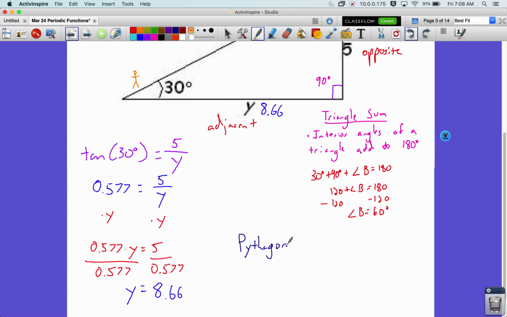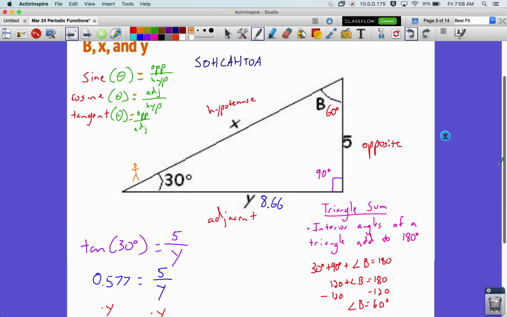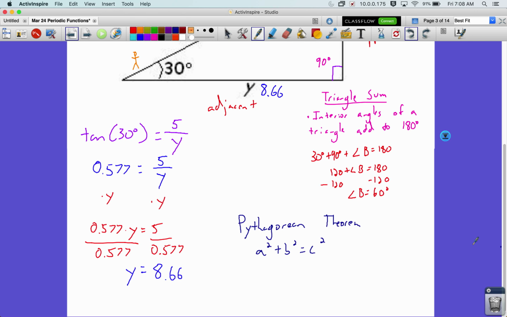Really famous one, a squared plus b squared equals c squared. This only works on right triangles. So looking at our right triangle here, the two legs have to be a and b. Doesn't matter how you label them. And the hypotenuse will be c, so 5 squared plus 8.66 squared.